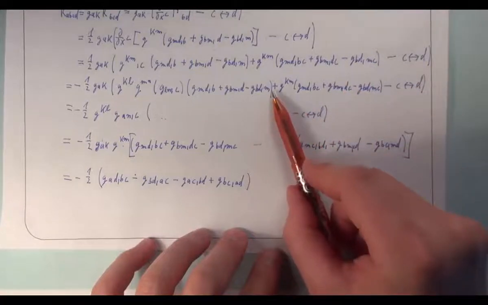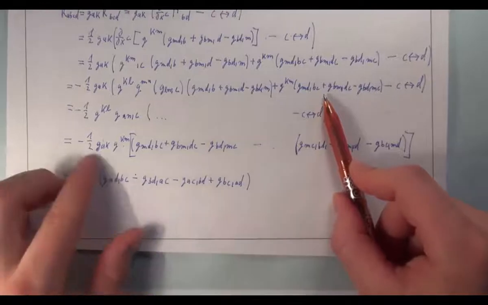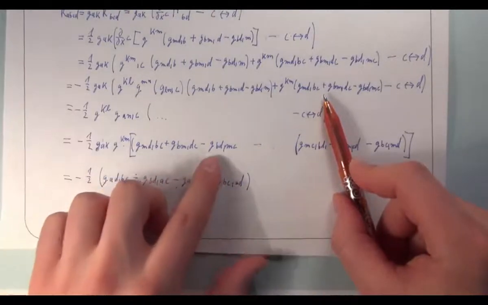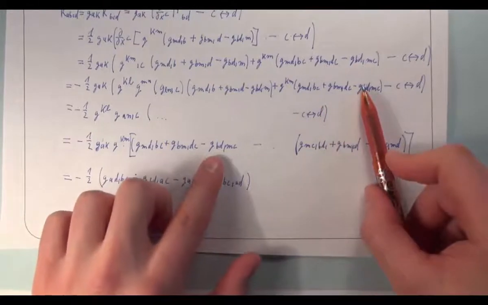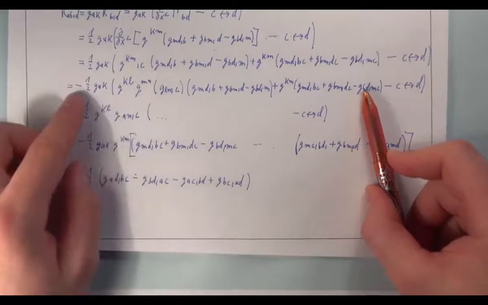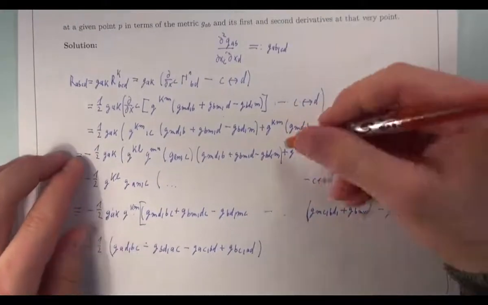Here is a plus sign. Plus, it's okay. I have a minus sign in front of all. It's still okay. Here I made the mistake. I pulled out a minus sign over here. Sorry, I'm really sorry for confusing you with the sign mistake.